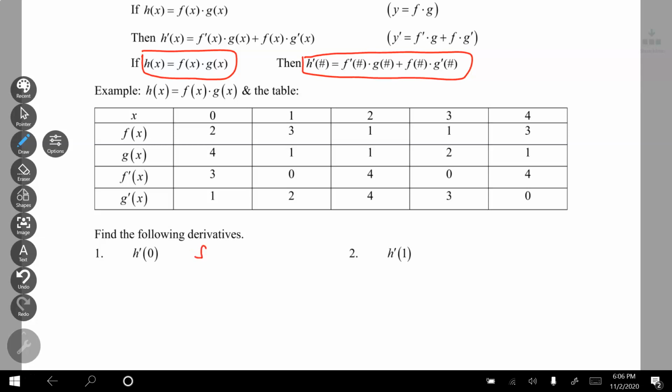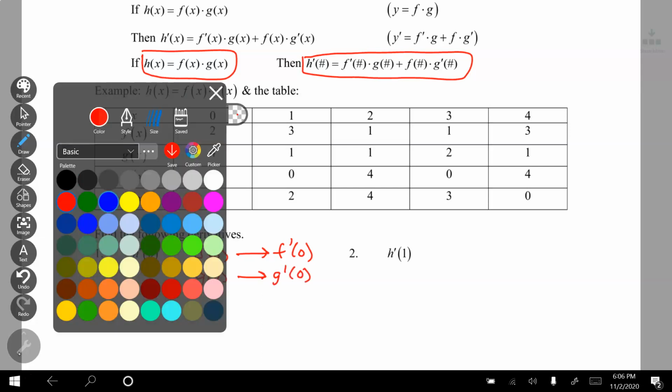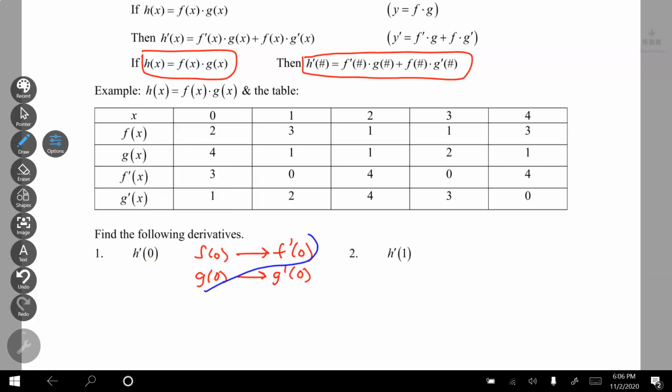So it's f of 0, f prime of 0, g of 0, g prime of 0. I set up my crisscross. I'm going to do that way first. G of 0 times f prime of 0 plus f of 0 times g prime of 0.